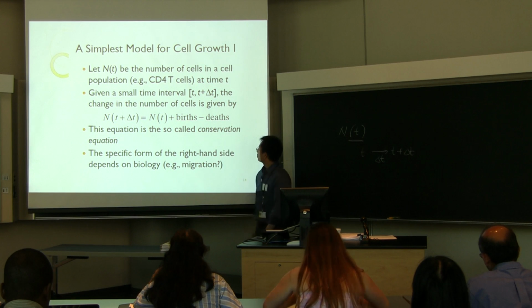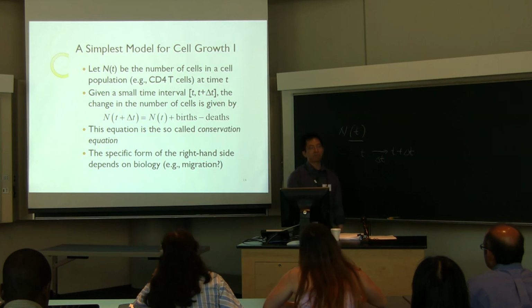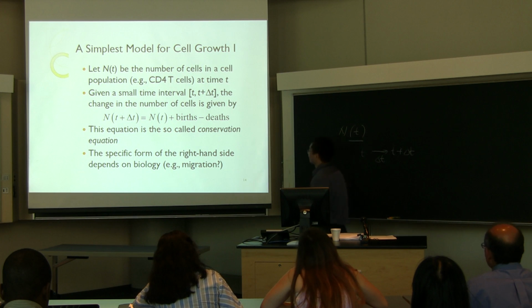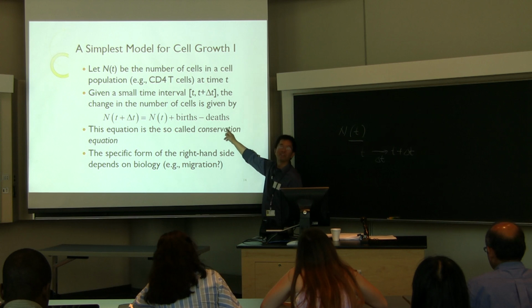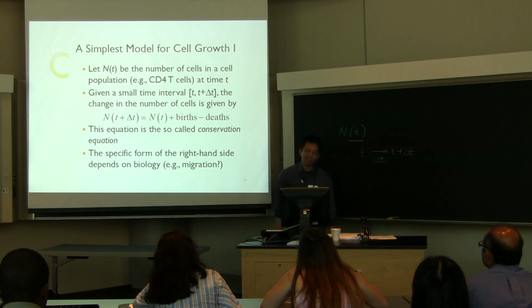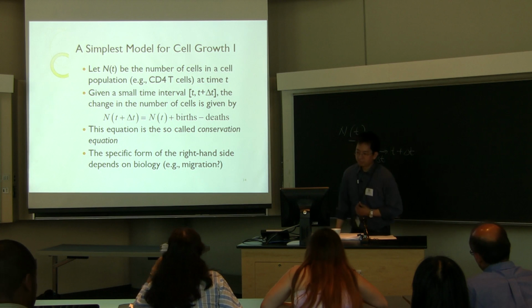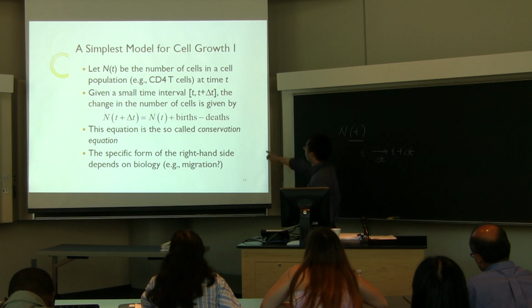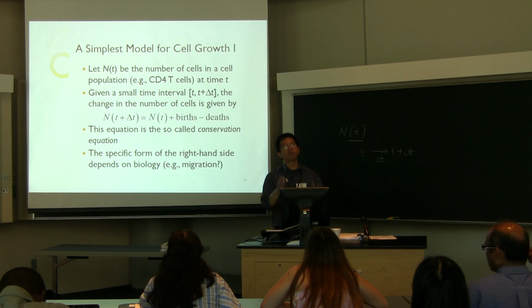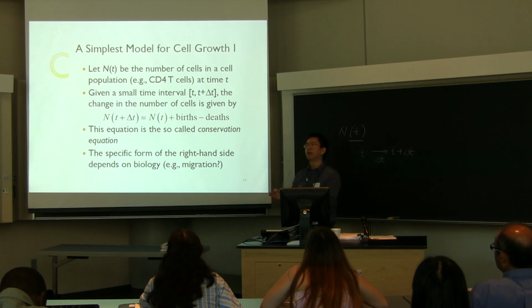This equation is sometimes also called a conservation equation. It doesn't matter what exactly is meant by conservation equation; just if you meet this terminology in a publication or book, you know what it is. The specific form of the right-hand side depends on what assumptions or facts you want to incorporate into the model.